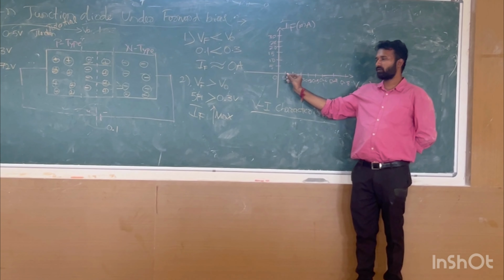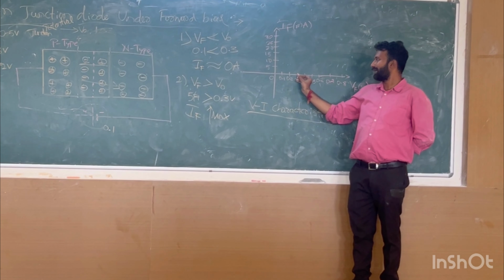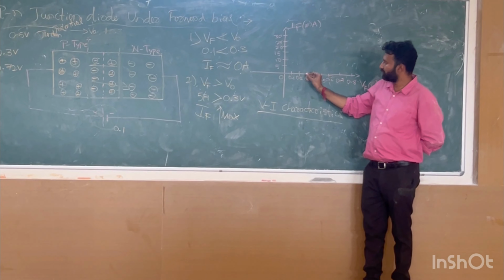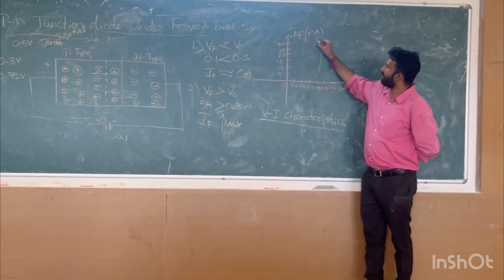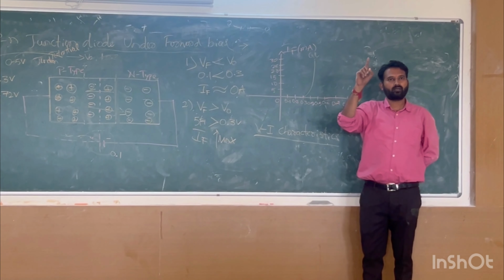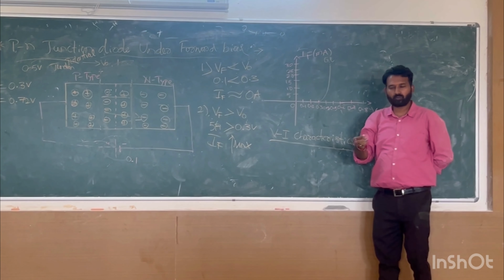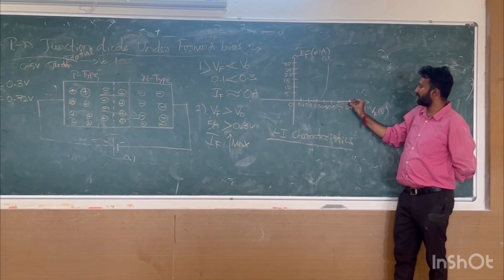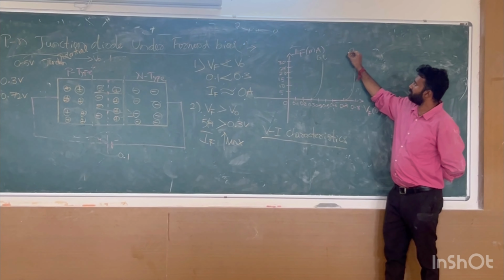At 0.1 current will be 0, at 0.2 current will be 0, at 0.3 maximum. Here you will get a maximum current. That is if your diode is made of germanium. What about silicon? Here you will get a maximum current.